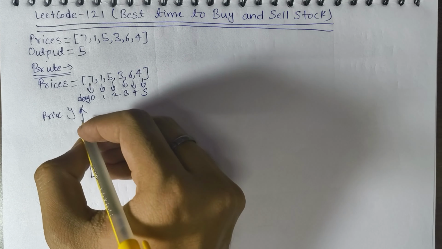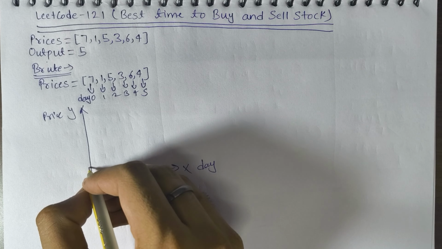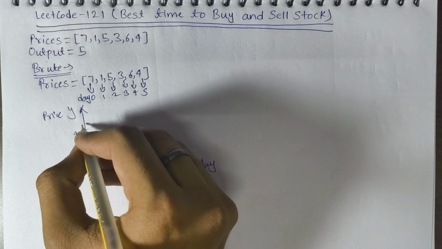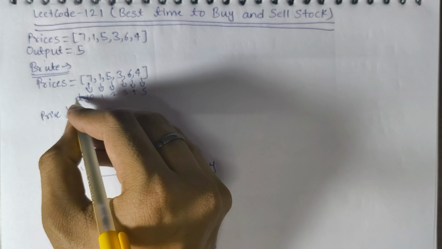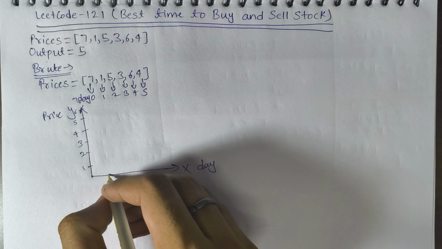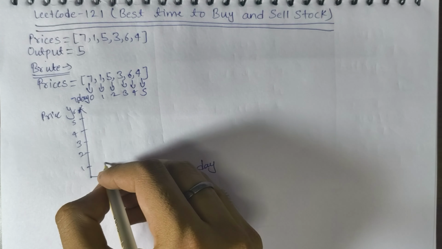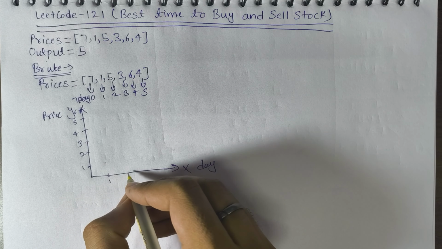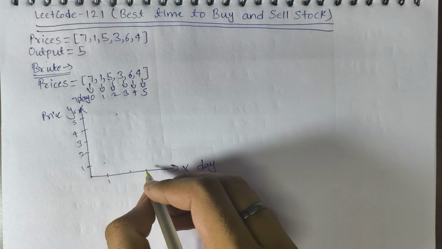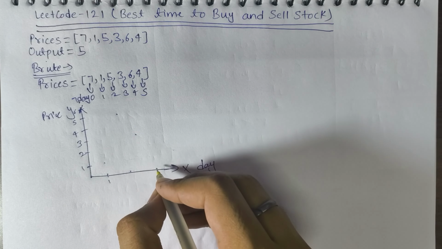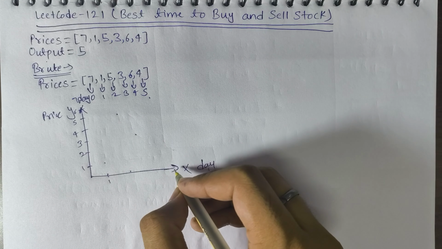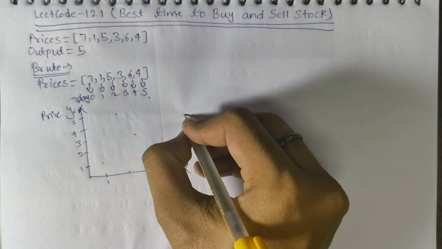When day is 0, the cost is 7. When day is 1, the cost is 1, day 2 is 5, day 3 is 3, day 4 is 6, and day 5 is 4.